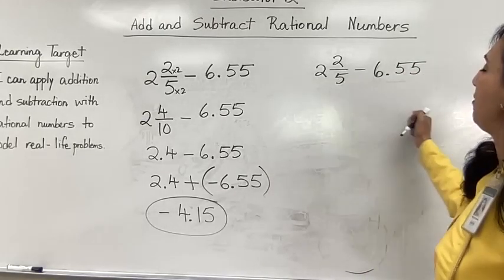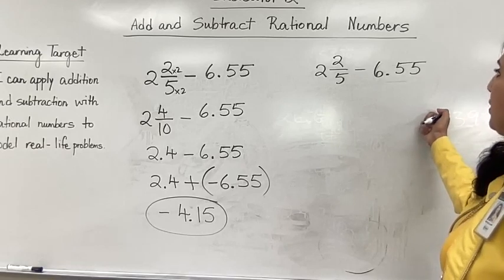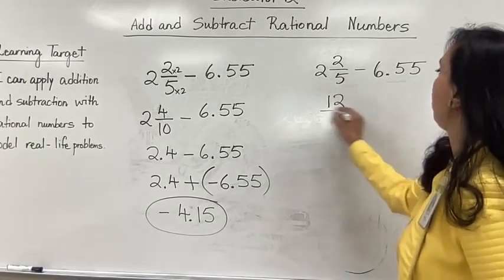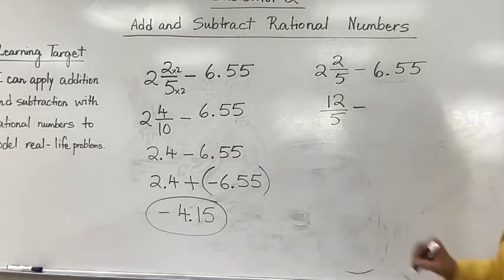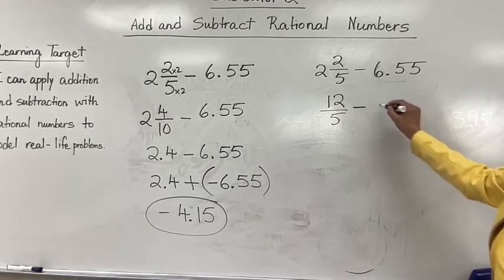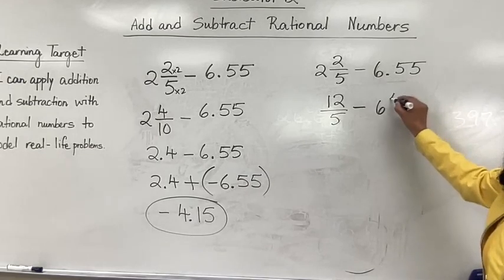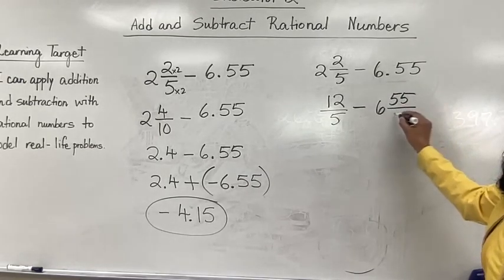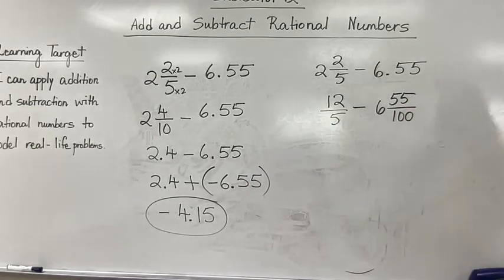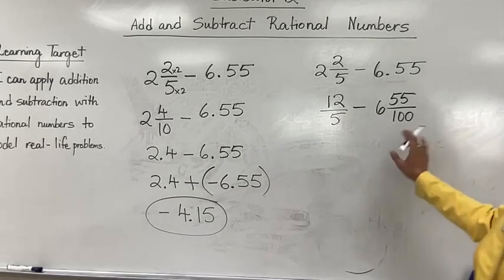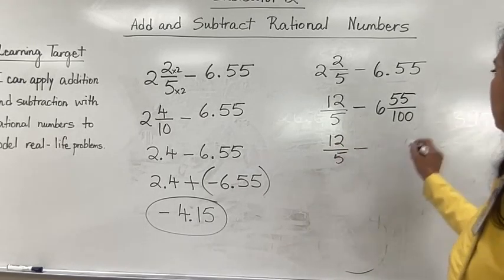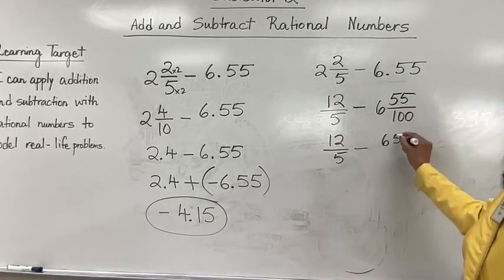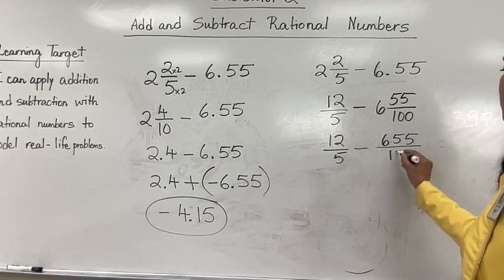So 2 times 5 is 10, and 10 plus 2 is 12/5. Minus, this means 6 and 55 over 100, right? And this basically means 12 over 5 minus 655 over 100.